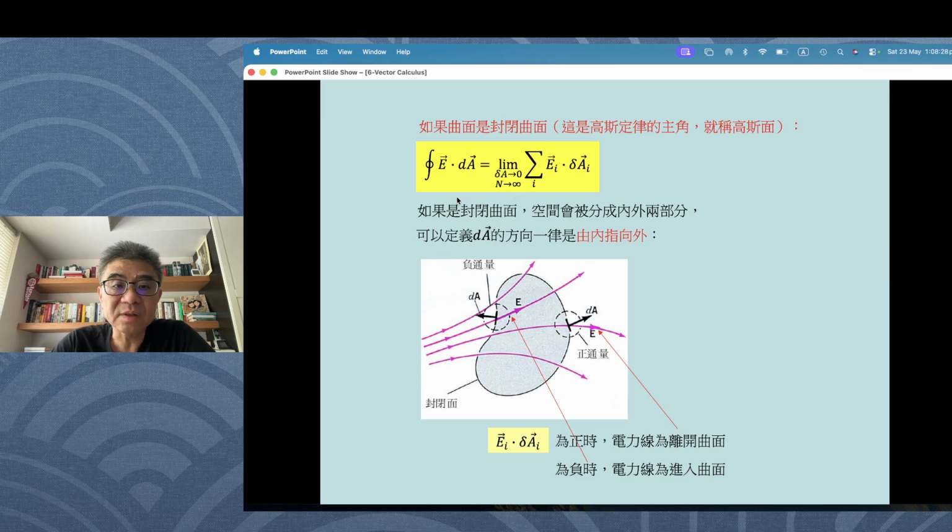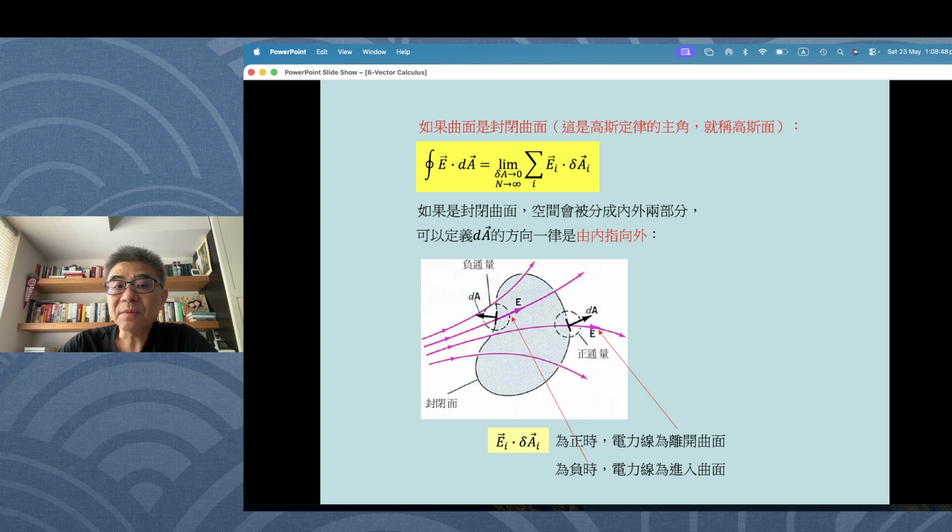This definition will be converted into the surface integral of the electric field. Okay, I am only reviewing the general physics coverage of Gauss's law.